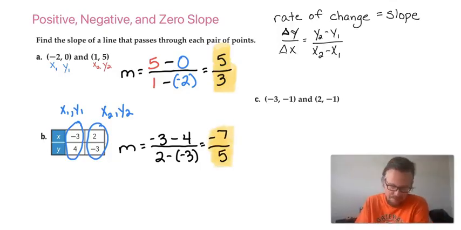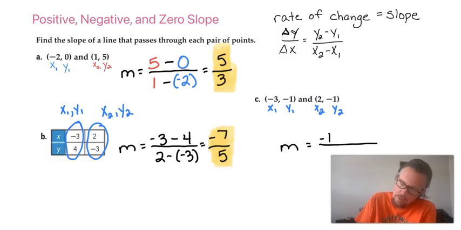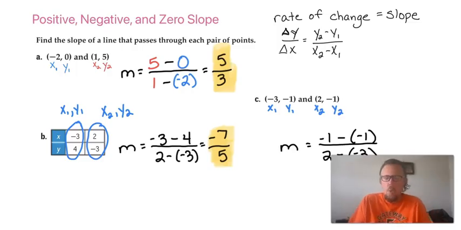All right, last one. We're going to label our first one x1 and y1, and we'll label our second one x2 and y2. Our formula is m equals y2 minus y1 over x2 minus x1. 1 minus -1 is 0, the same thing as -1 plus 1.